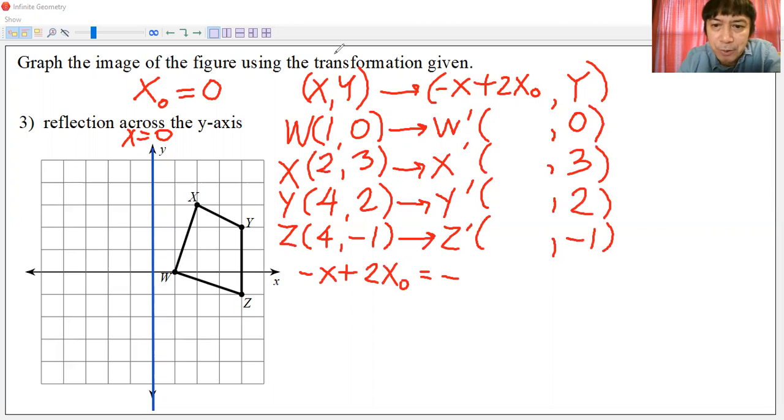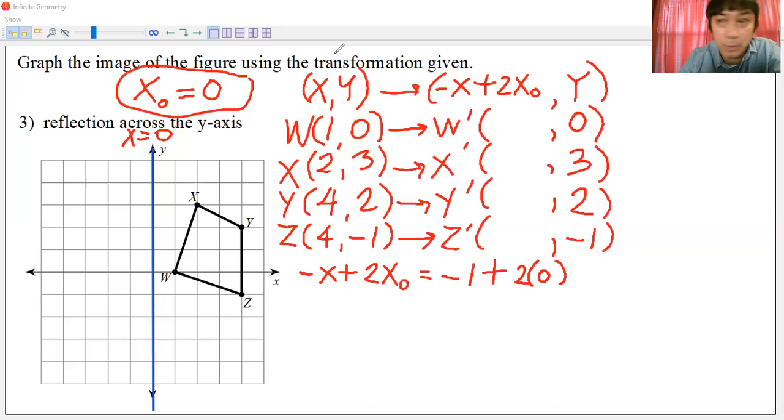The x from point W is 1 plus 2 times x of 0. Happens to be a 0 here. Okay, so this will be always 0 all throughout in our problem number 3. And this is -1 plus 0. And that's -1.